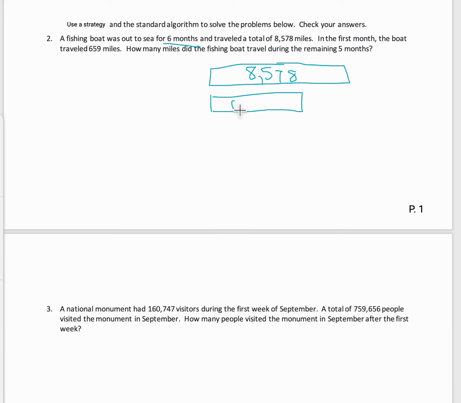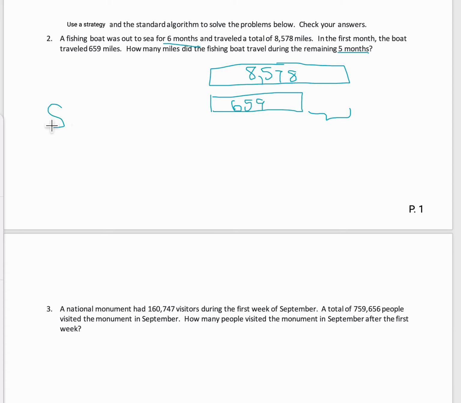So if I have 659 miles traveled in month 1, the question here asks, how many miles did the boat travel in the remaining 5? So what we don't know is this little portion right here, right? The amount of its difference that it takes to get to our total in 6 months. So we subtract them, all right?